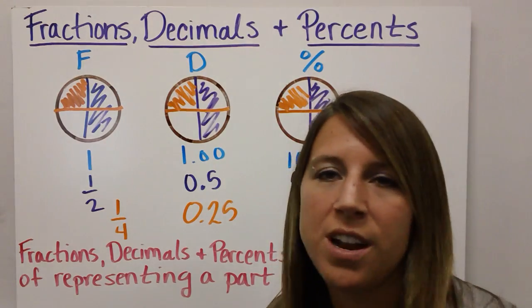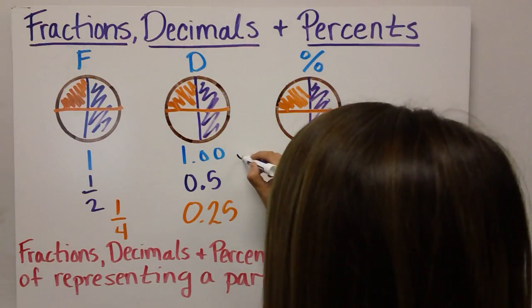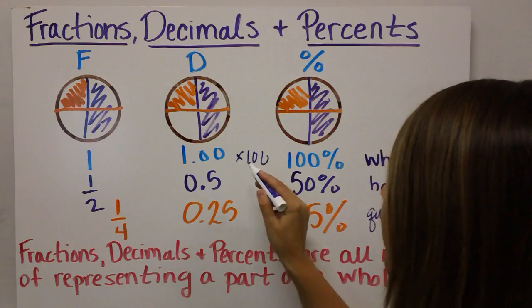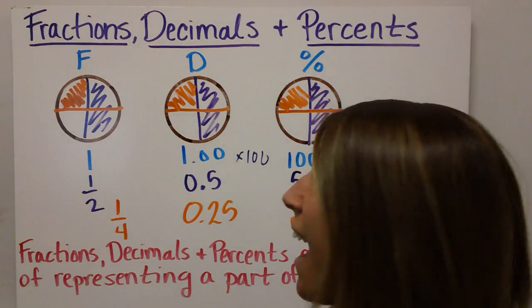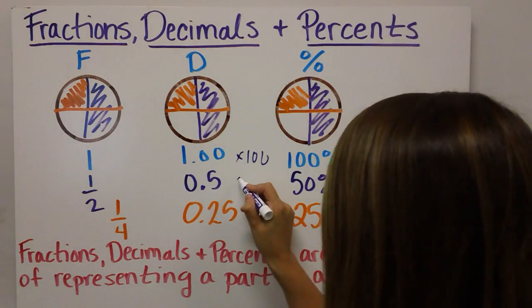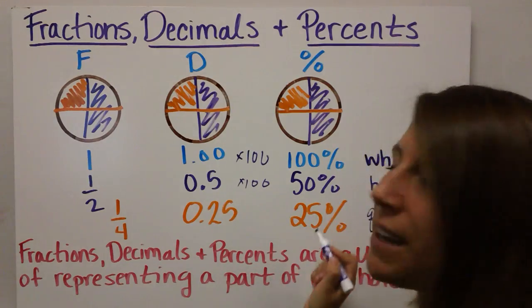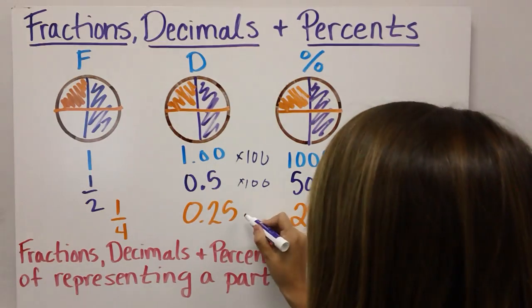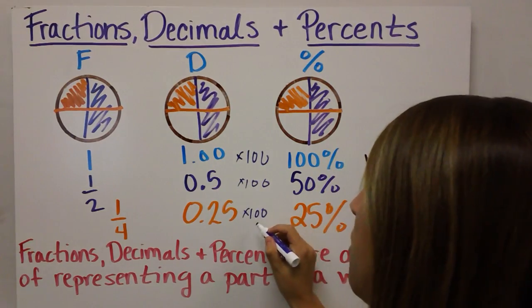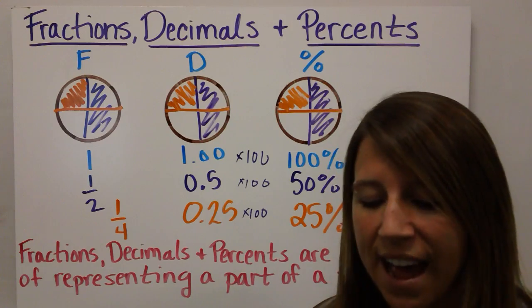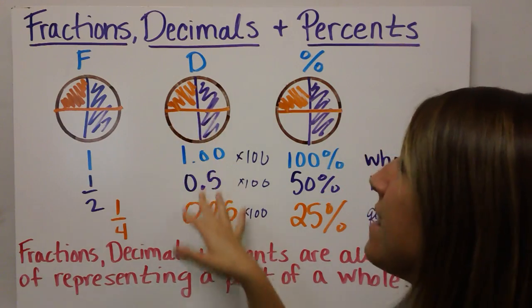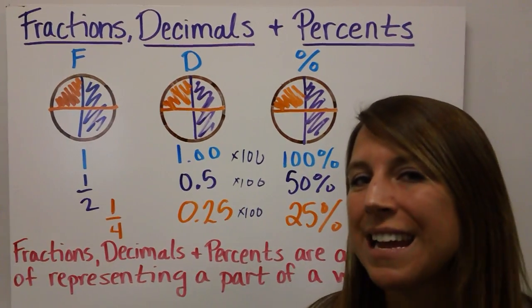Multiply by 100. Okay, if I multiply by 100, from 1 times 100, do I get 100? Yeah. How about 5/10 times 100? Sure enough, I'm going to get 50. 25 hundredths times 100 is going to give me 25. So that's how decimals and percents are related.